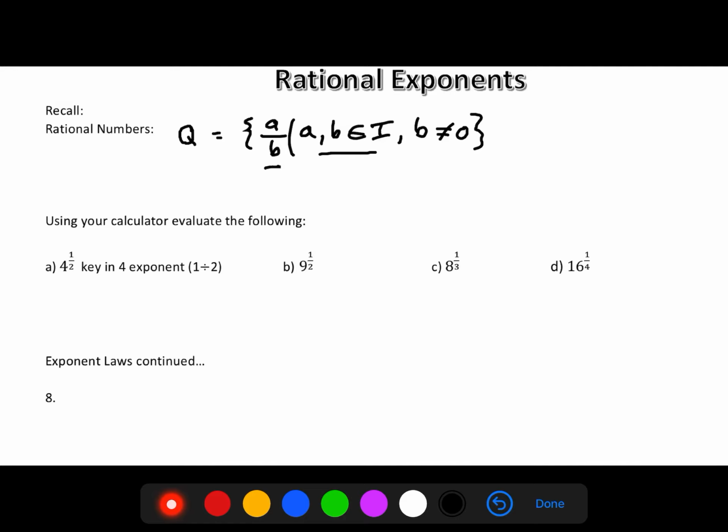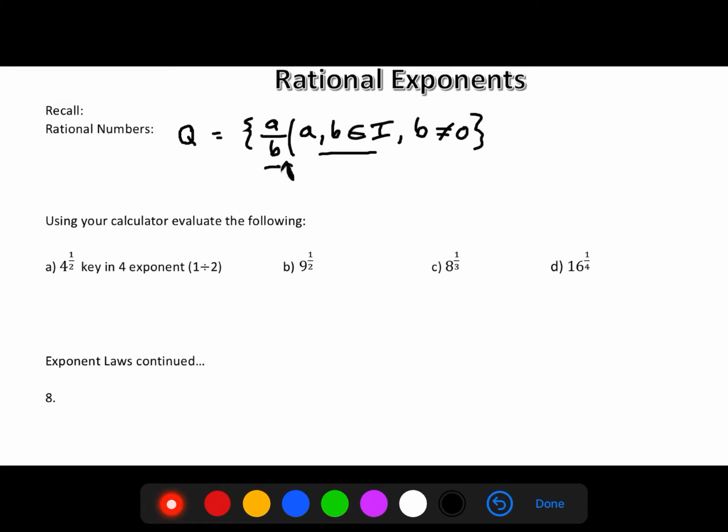So any number that could be written as a fraction is a rational number as long as it doesn't have any decimals or fractions within it. B cannot be equal to 0 because otherwise it would be undefined and we couldn't calculate it. So what we're going to be looking at is where we have fractions as our exponents.